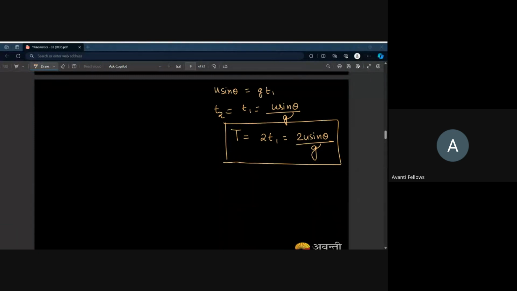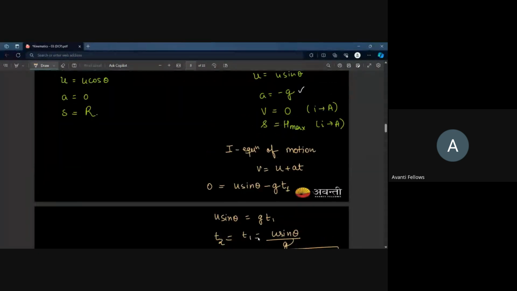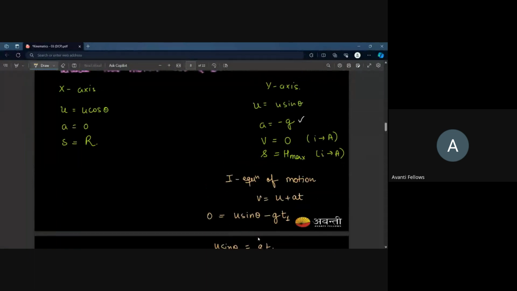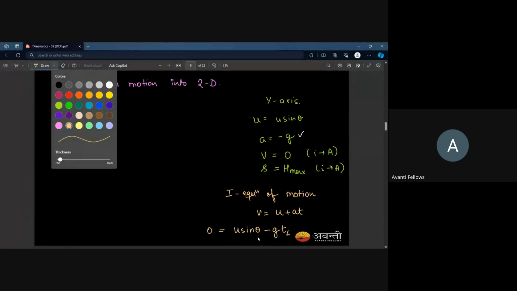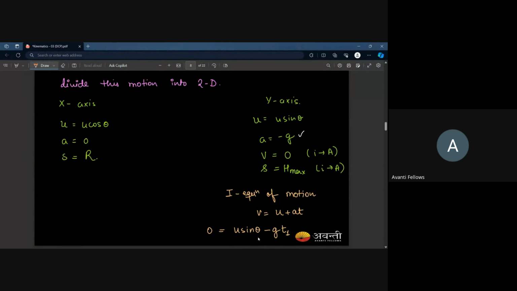Now let's discuss. Use this time that you got from the y-axis to calculate the range. I think it's a constant velocity motion, so you can go like this: s equals ut. s is the range, and the velocity is u cos theta. Put the value 2u sine theta by g over here.